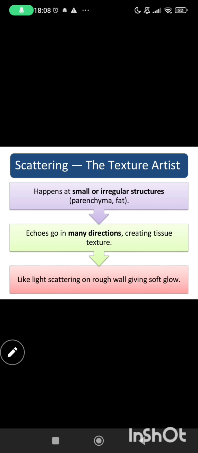Specular reflection occurs when there is a large smooth boundary, and it's a large amount of reflection that is very angle dependent.